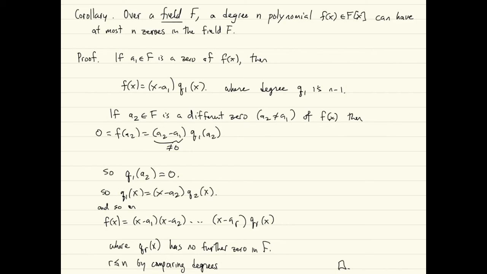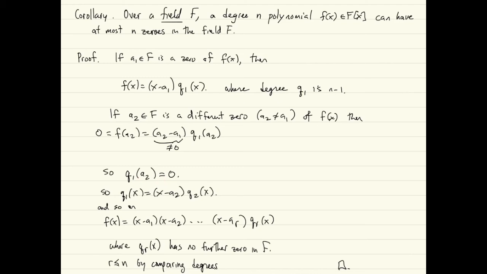If we weren't working over a field, we couldn't necessarily go from this line to this line, especially if we were not working over an integral domain, because something that's not an integral domain can have zero divisors, where two things are non-zero that multiply to 0. And so in that case, we could not conclude that this is 0.